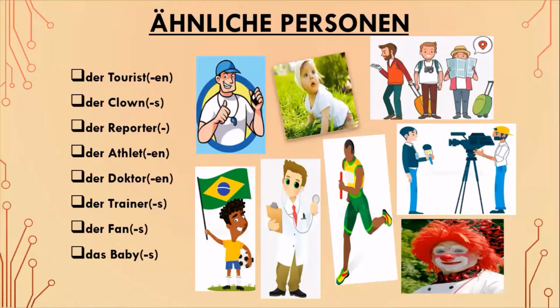Then we have der Clown, singular, die Clowns, plural. Note that this word is not only written as in English but also pronounced in the same way. One male reporter is der Reporter.